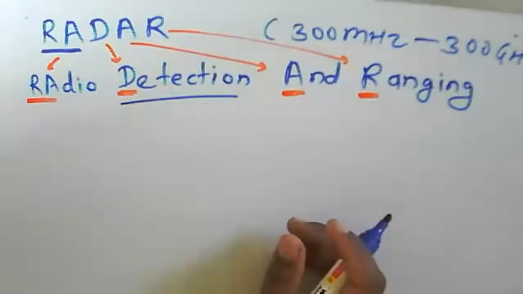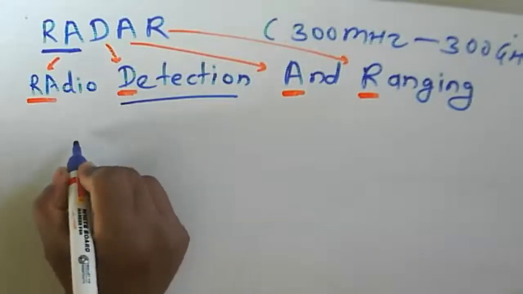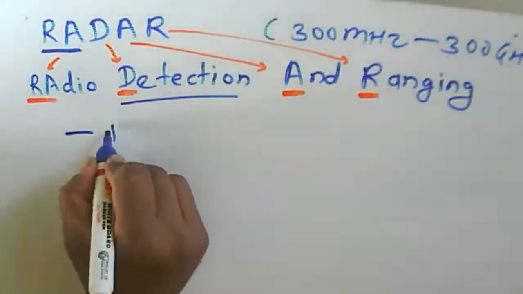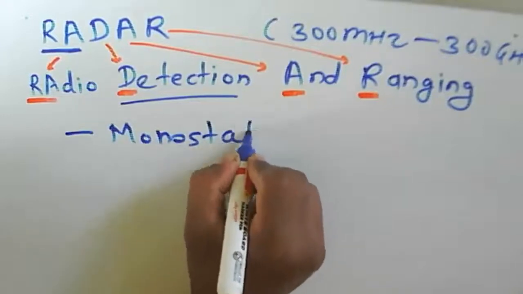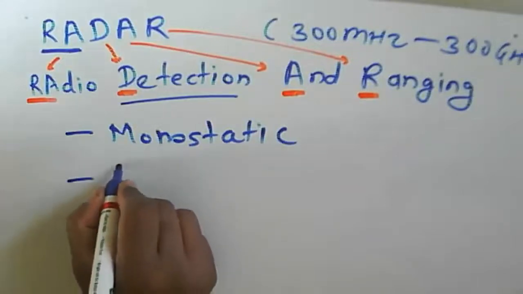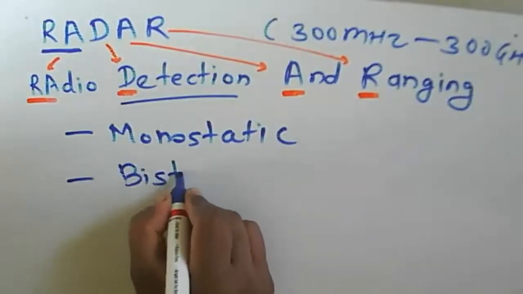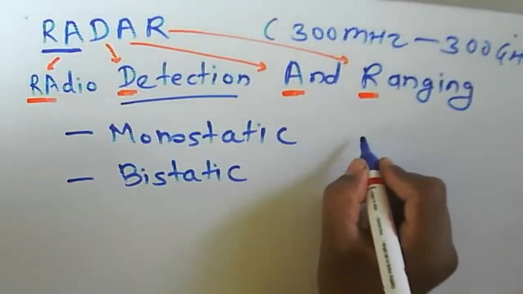According to that, there are two basic types of radar. One is monostatic, which we'll see in detail, and the second one is bistatic. So in a monostatic, what happens?